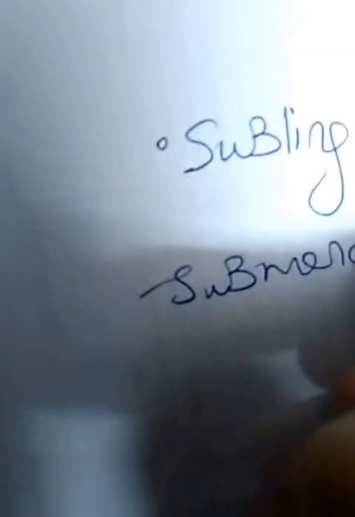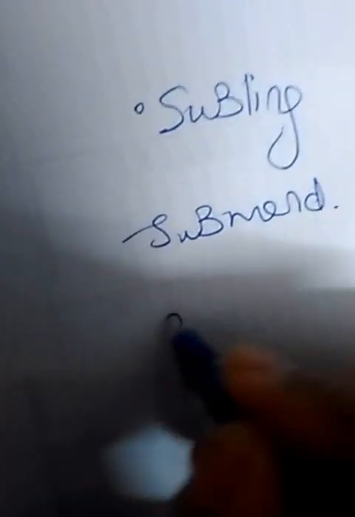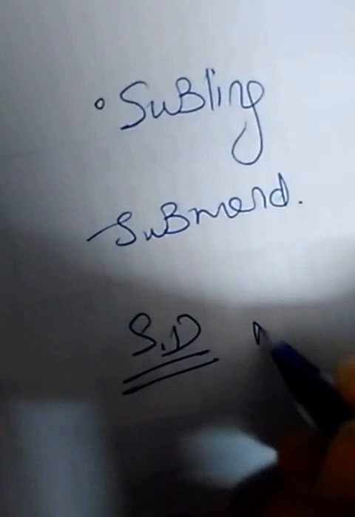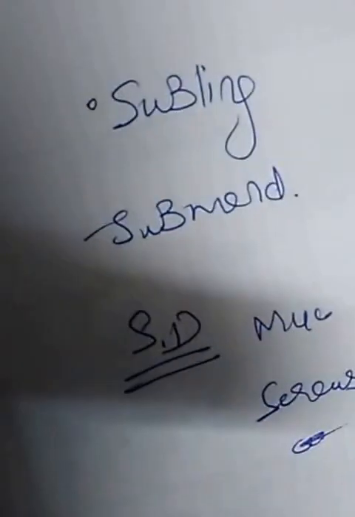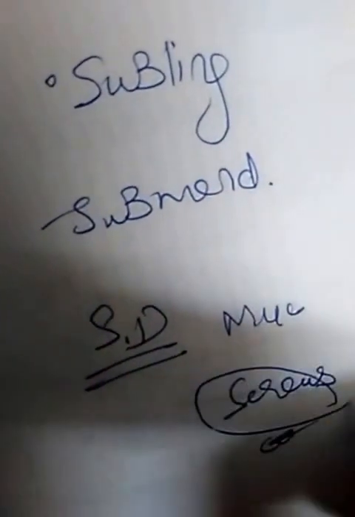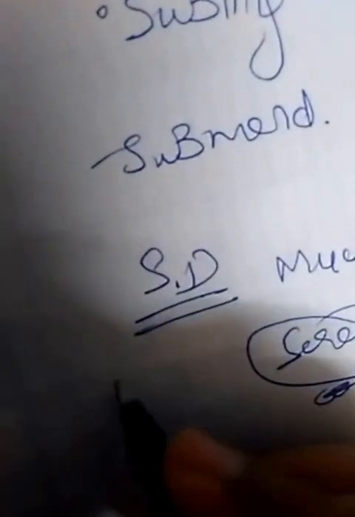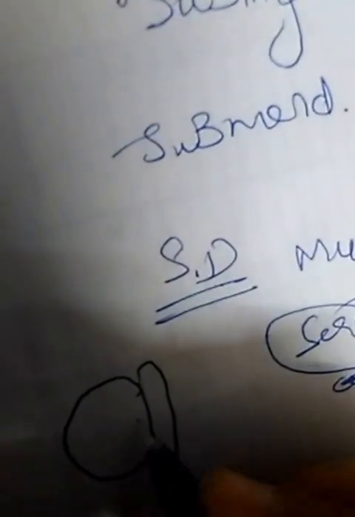Here I am drawing the serous demilunes again. If the question comes like serous demilunes are present in, you will answer both sublingual and submandibular gland. And if the question comes that serous demilunes are composed of mucous cells or serous cells, you will answer serous cells, because these demilunes are present on the surface of mucous acini.